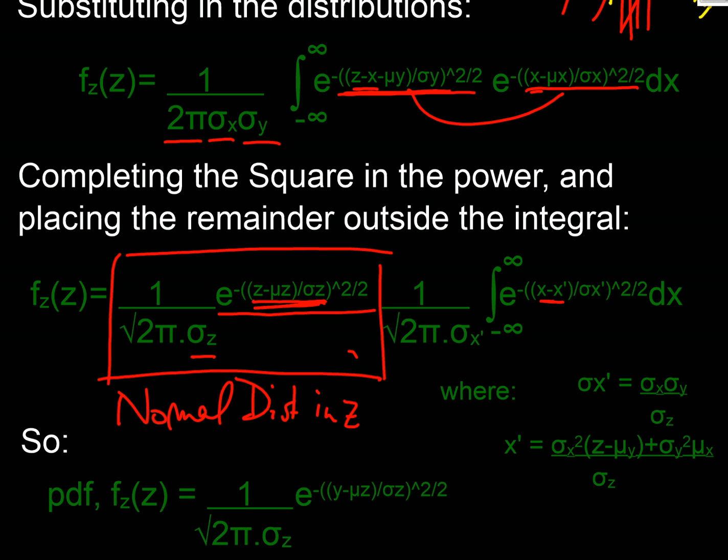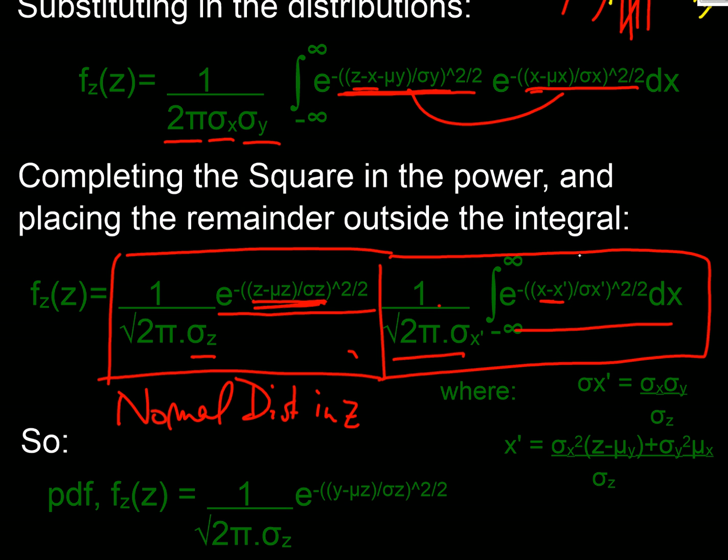Now this second part here, the right hand side, this bit here, is an integral that we can resolve, and if we complete the integration we find that this integral times this multiplier at the front, well, this integral basically is root 2 pi sigma x dash. That's what this will evaluate to, and therefore effectively it cancels out with that one there.